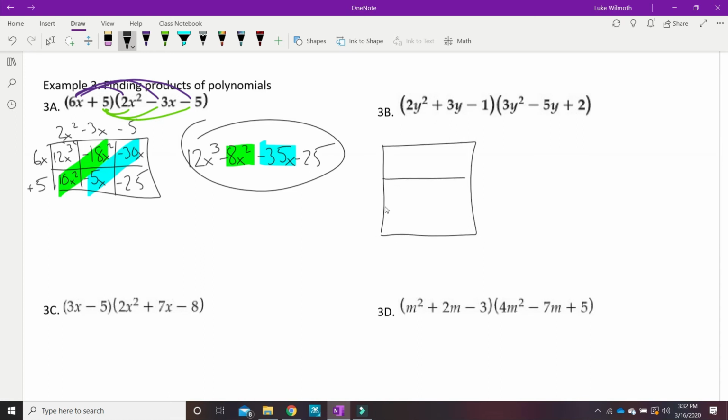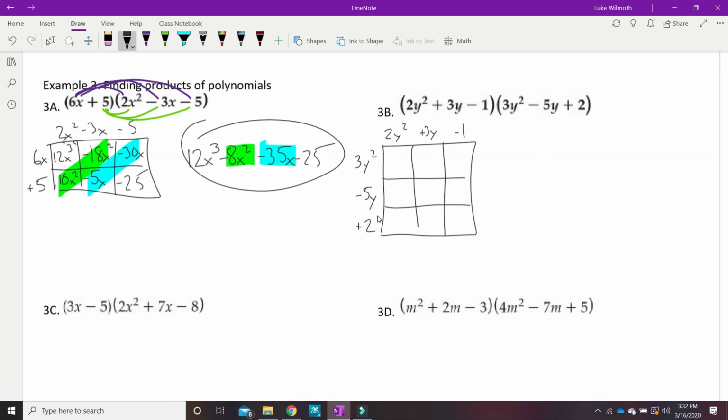All right, this is a 3 by 3 box because I have 3 terms on this polynomial and 3 terms on this one. So I have 2y squared plus 3y minus 1 and 3y squared minus 5y plus 2.